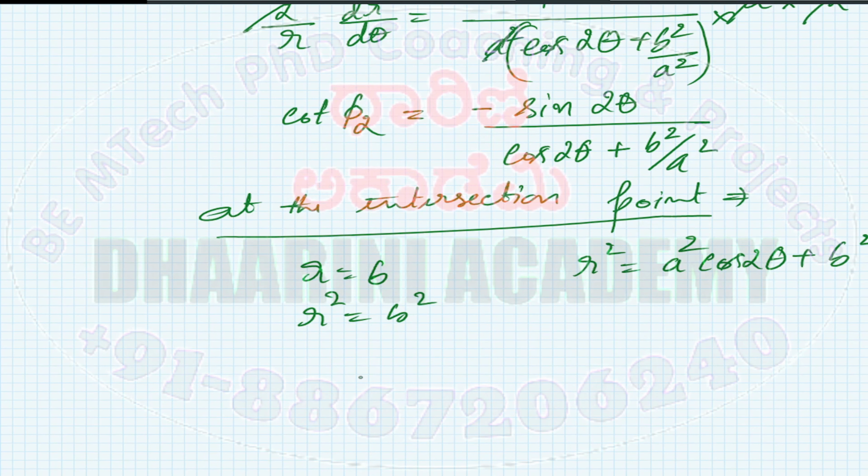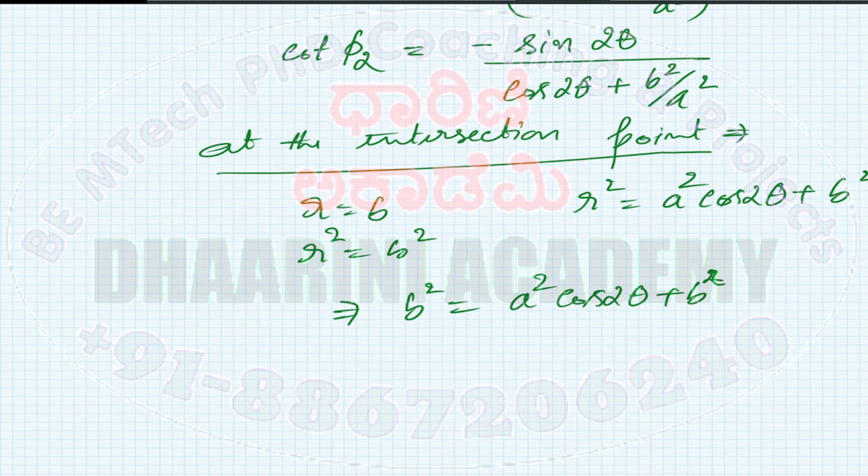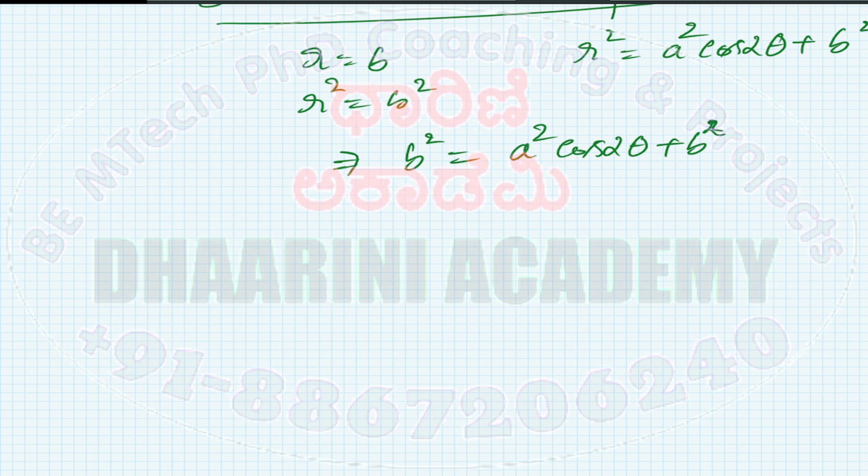Now you equate both of them. This implies b square is equal to a square cos 2 theta plus b square. Only under this condition they are equal, because one function is simply r, second function is r square. I cannot equate them; only equal terms can be equated, correct? So the b square and b square will cancel.